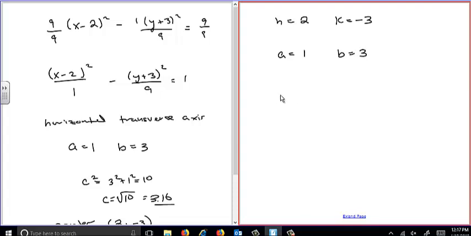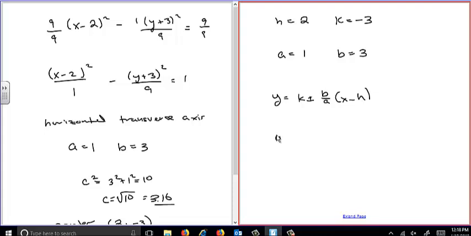So that says that the equations for the asymptotes, let me find the equation so I don't have to get off this page. Okay, so we're going to use the one with a horizontal transverse axis, which is y is equal to k plus or minus b over a times x minus h.